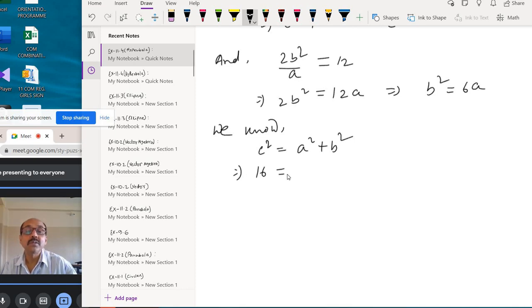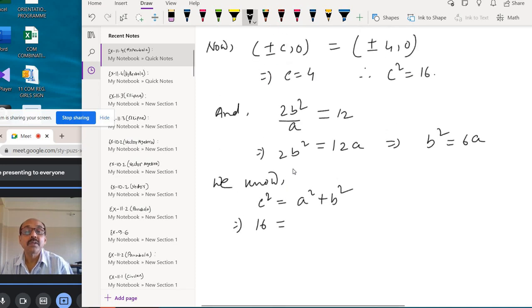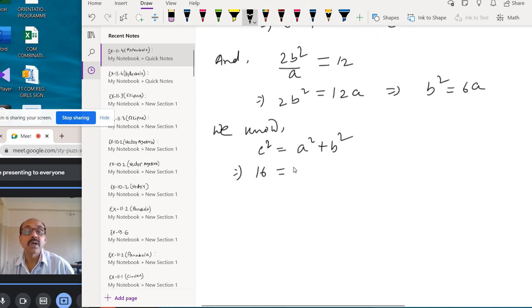So 16 equal to a square plus b square, and b square equal to 6a. Then a square plus 6a minus 16 equal to 0.